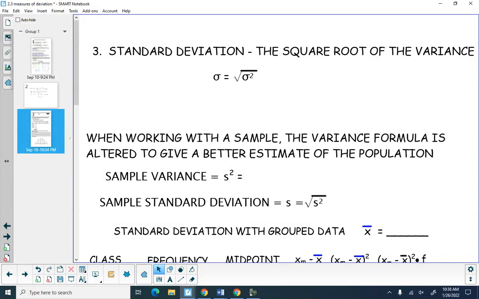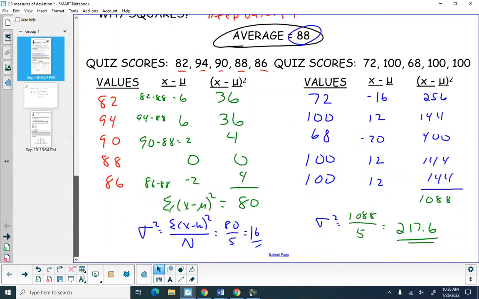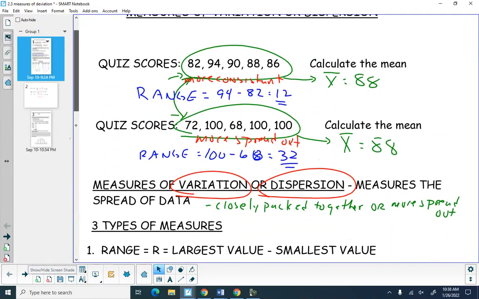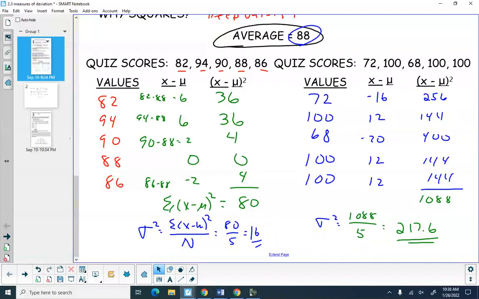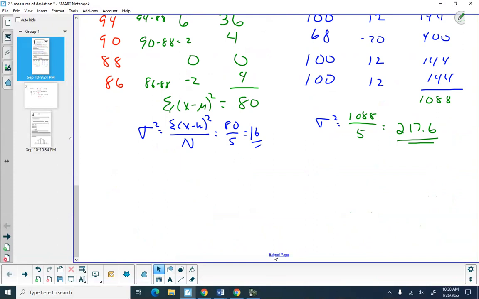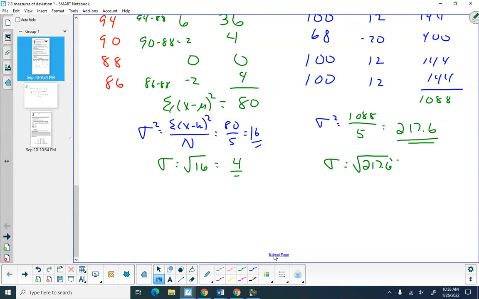So if we take a look on the other side here. My standard deviation here is the square root of 16. So we get a value of 4. My standard deviation for the second one is the square root of 217.6.